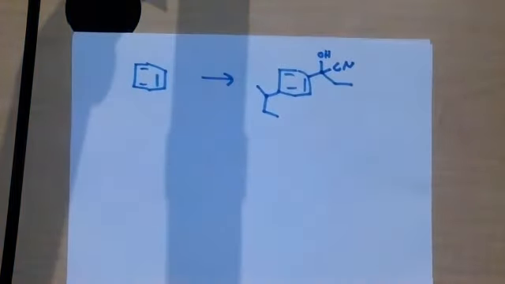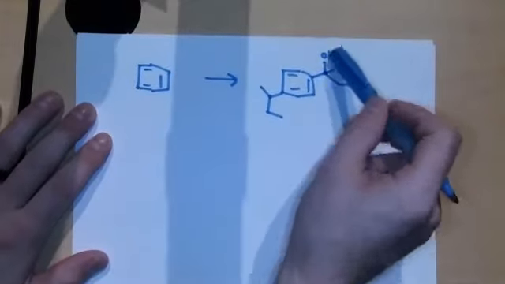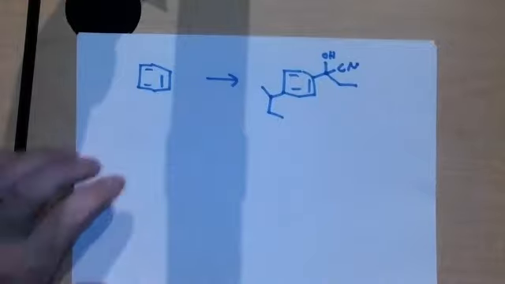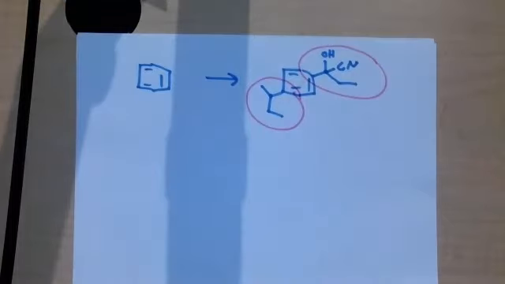And we can add both an alkyl group and this alcohol with a nitrile on it. So taking a look at this, we got two different groups. Got this guy and we got this guy. We're probably adding them separate.